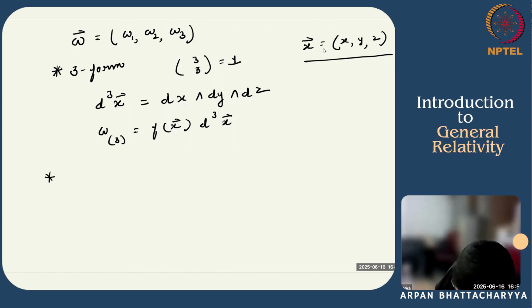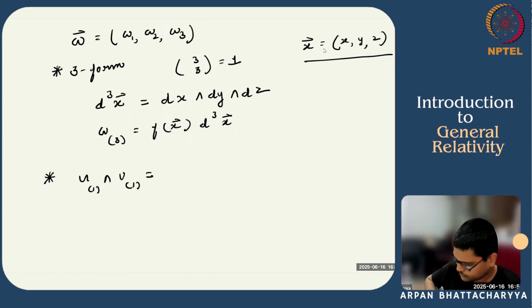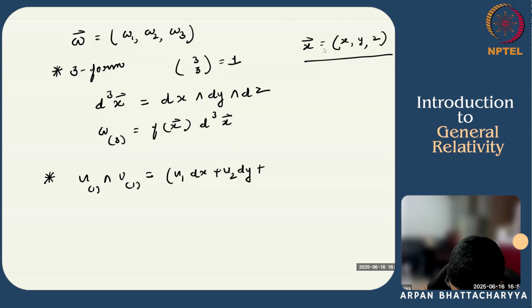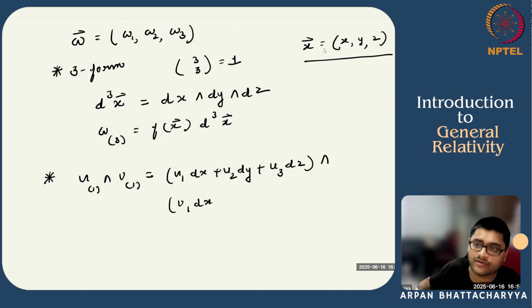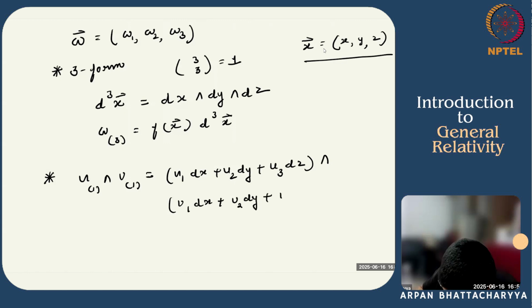Now consider various wedge products. Let us consider a wedge product of a 1 form u with another 1 form v. So let's do it. u1 dx plus u2 dy plus u3 dz is wedged with v1 dx, again written in terms of components and basis, plus v2 dy plus v3 dz. Now let's do this explicitly.